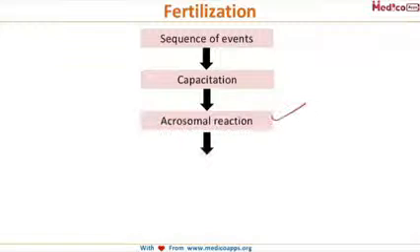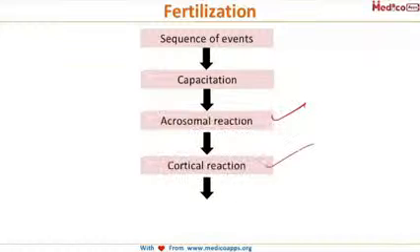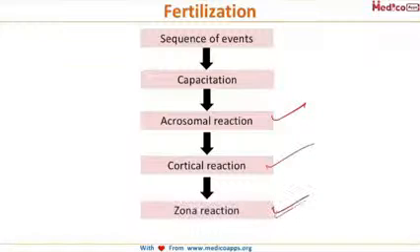Now it causes the lysis of the zona pellucida, and the sperm is now able to enter the cortex of the secondary oocyte, which causes the release of enzymes from the cortex, and this is called cortical reaction. Now these enzymes cause hardening of the zona, which makes the zona impermeable to other sperms, and this is called zona reaction. So this completes our sequence of events of fertilization.